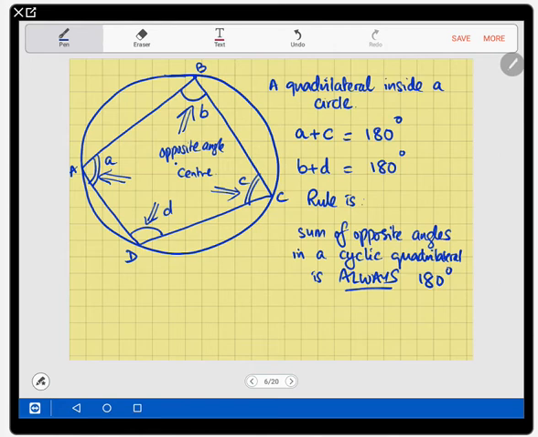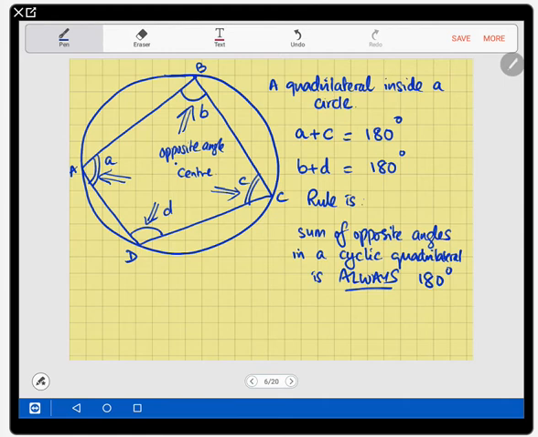Okay, if you do this using a compass and you draw it with a ruler and you take a protractor and you measure it, you will find that the sum of these opposite angles has to be 180, right?